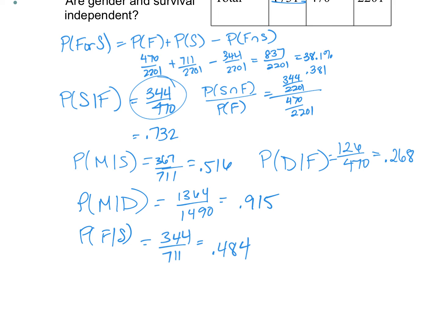So lastly, do you think gender and survival were independent? Do you think whether you survived that trip depended on whether you were female or male? Okay. Yes, we think it's dependent, which means no, it's not independent, right?